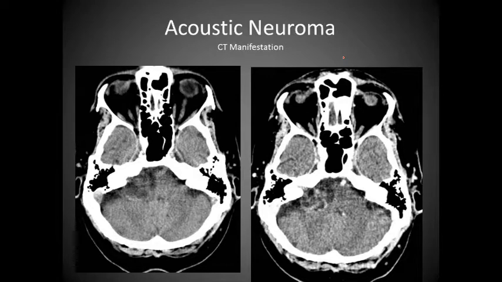So what we're looking for on this scan is very, very complex to actually find. We do have slight enhancement here versus nothing here, but really the key thing is this area.